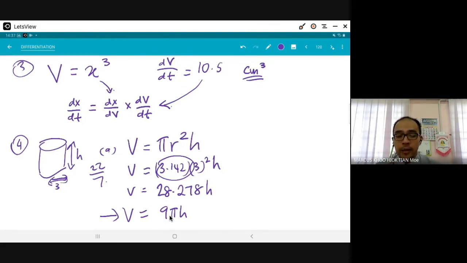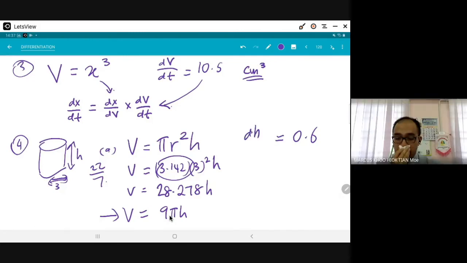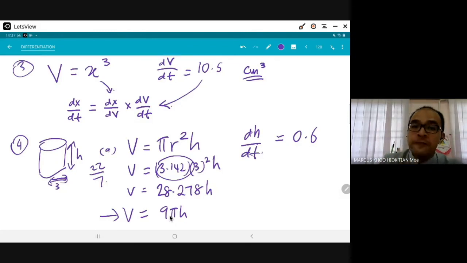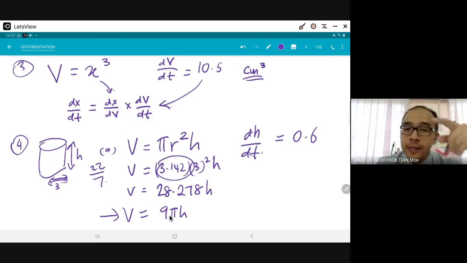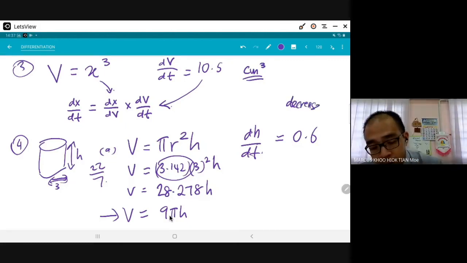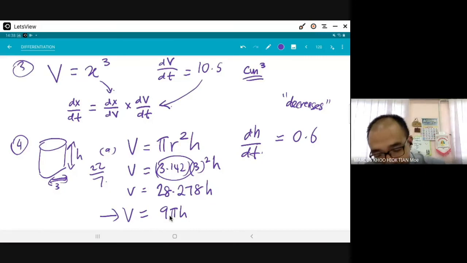Now tell me, this 0.6 is what? dH dt. Now, this is something that I want to talk about. If you see the word decreases in the question, it means that this dH dt is a negative number.